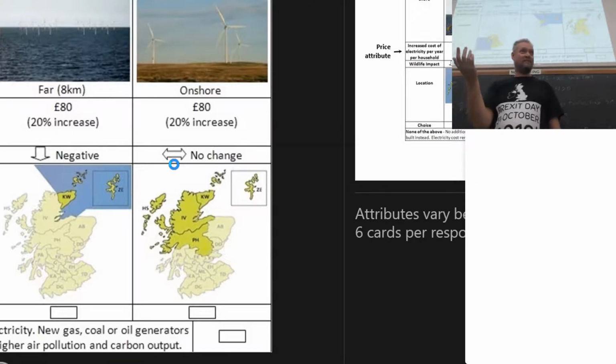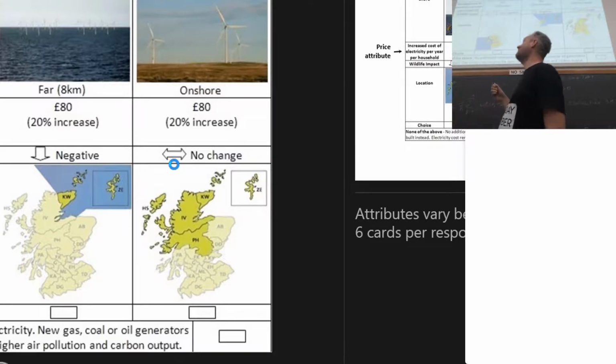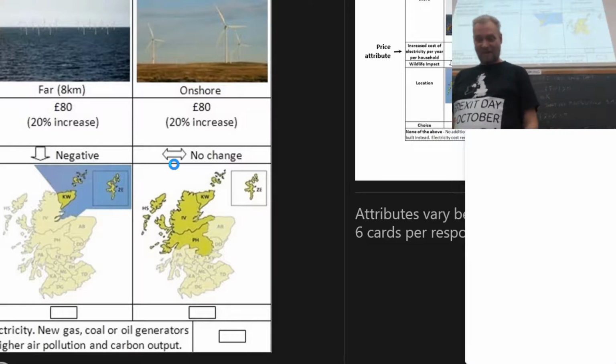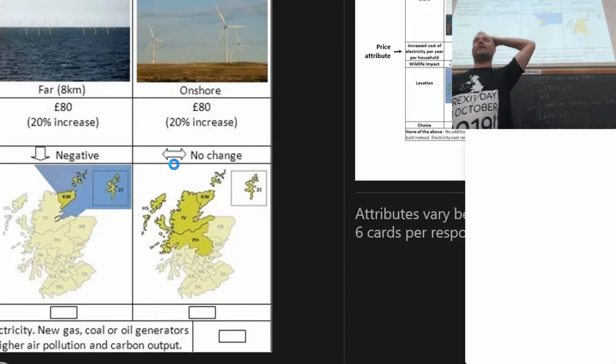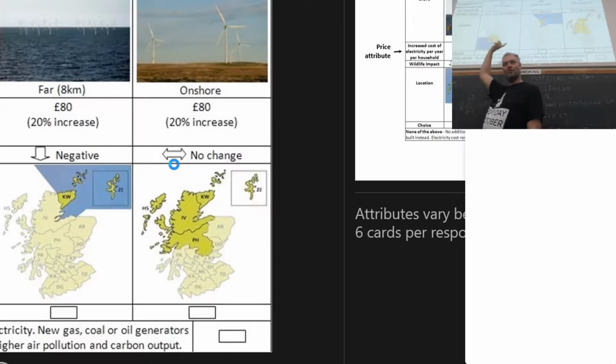Or they may just be limited in their cognition, right? And if you read this design, you may actually just completely ignore the wildlife impact, right? Because the location and the distance from shore have pictures, and people tend to zoom in on pictures, and I actually had to read this a couple of times to notice that there's a 4th attribute, namely the impact on wildlife. That's completely sort of almost disappears in the design, so I wouldn't blame people if they ignore this, right?